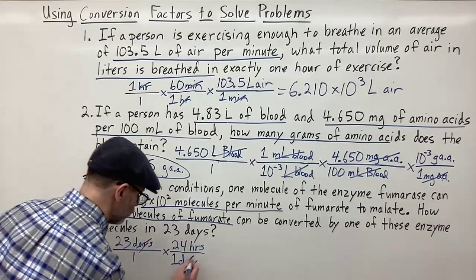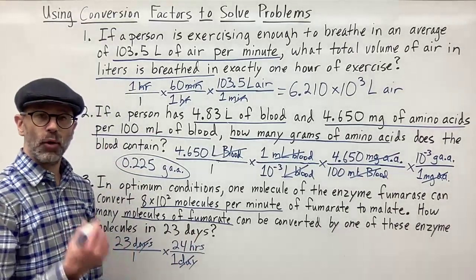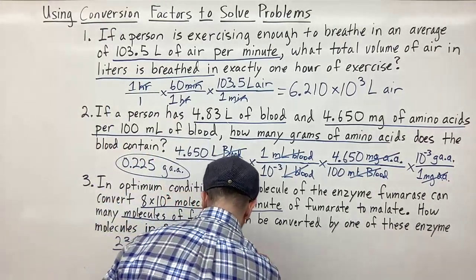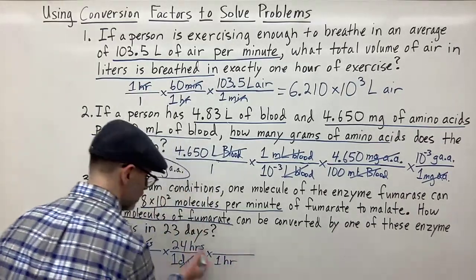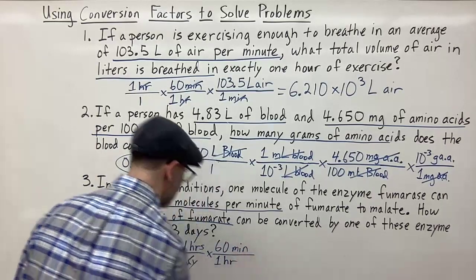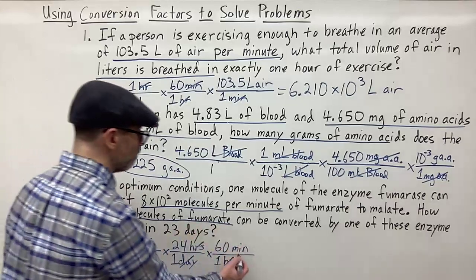So days cancels out. Now I have hours. I know that 1 hour is 60 minutes, so I'm going to use that. So 1 hour on the bottom to cancel out and 60 minutes on top. So hours cancels out. Now I have minutes.